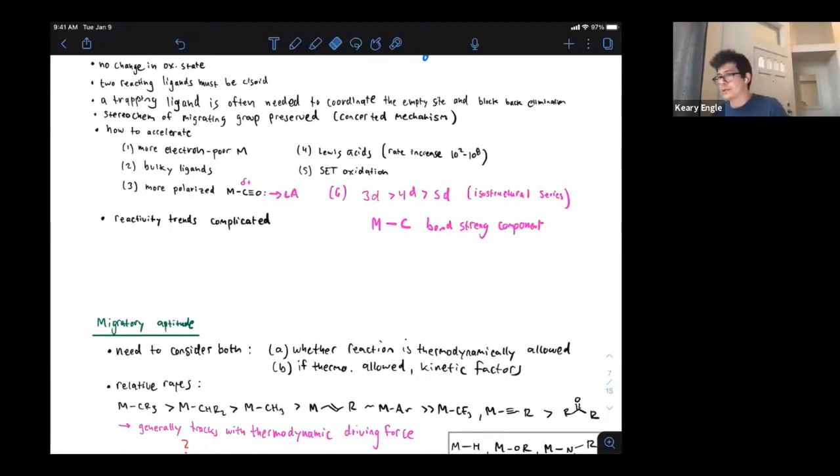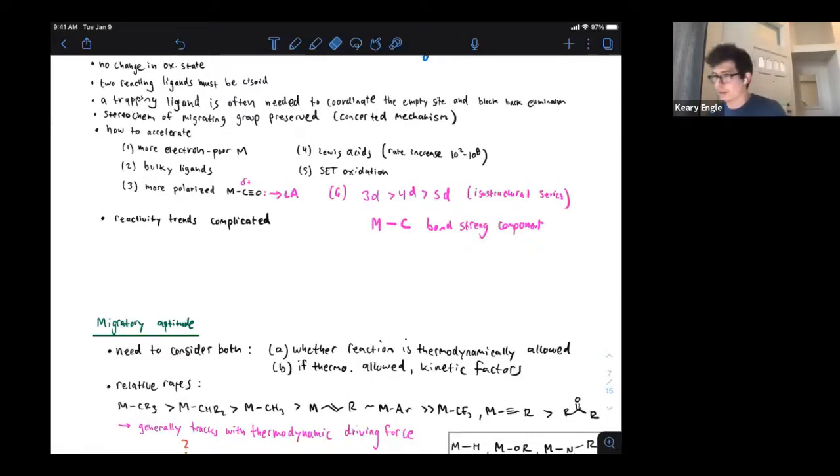So this is a springboard into this question of migratory aptitude, which is really a question of, given a pair of organic ligands, which is going to be more likely to migrate into the metal carbonyl bond.